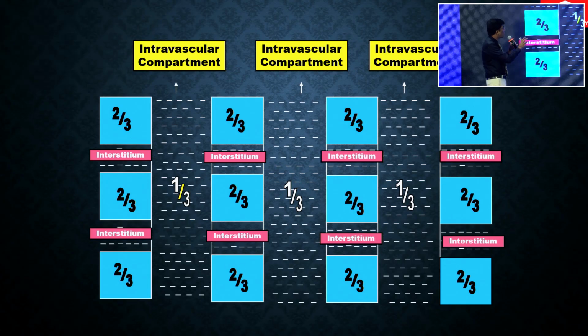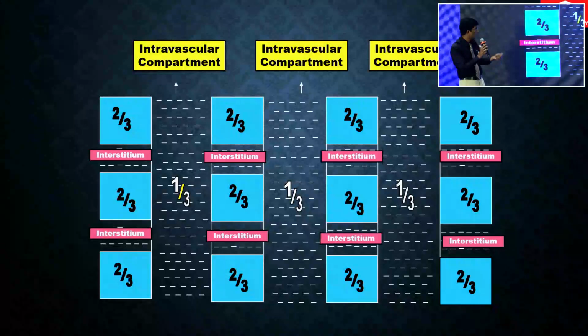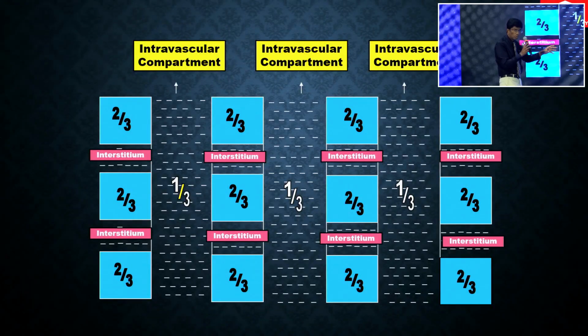So what do you mean by serum osmolality? It may be a tough term when you read Ganong or Guyton during our student era, so I try to simplify it. Serum osmolality is nothing but serum contains solutes, which are positively charged cations, sodium, potassium, calcium, and anions, chloride, phosphate.